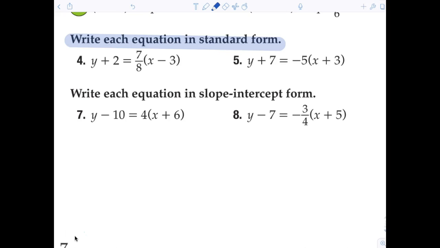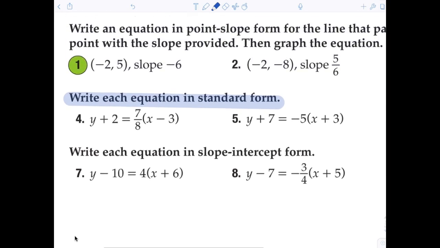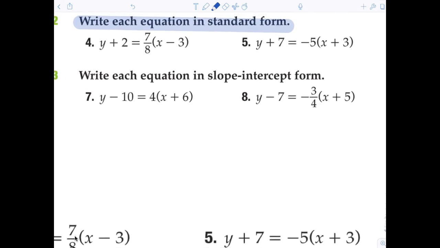And now we have the standard form. What we do for the standard form is we write it like this: ax plus by equals c. Notice x and y are on the same side, and a, b, and c are integers.